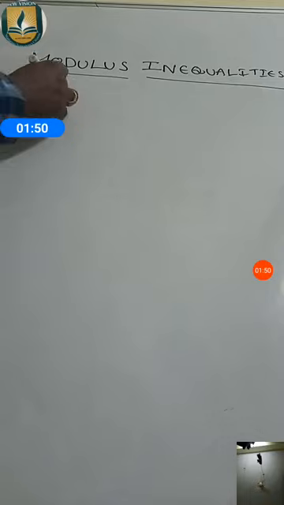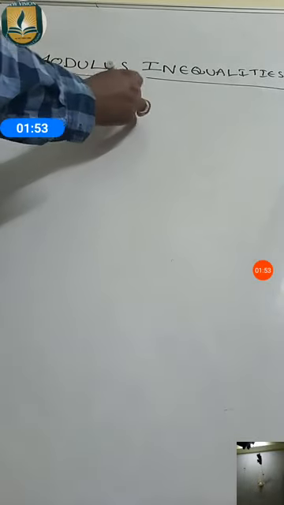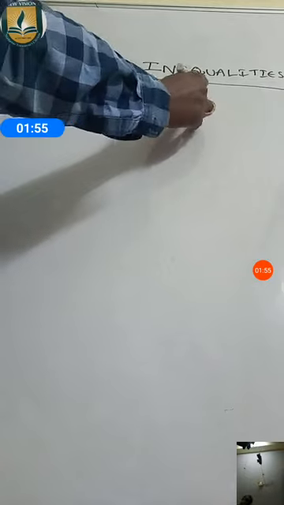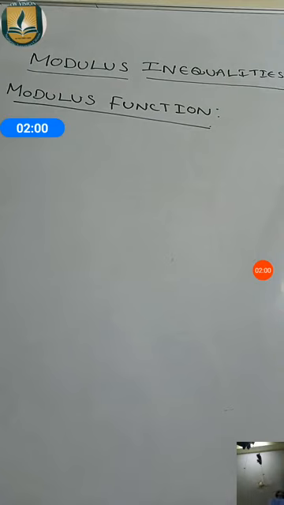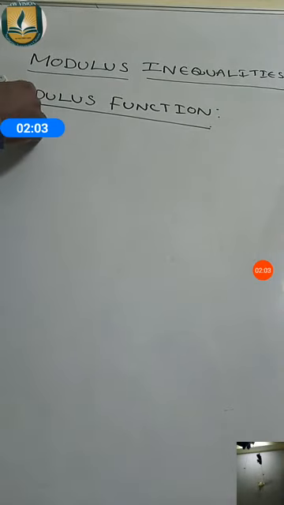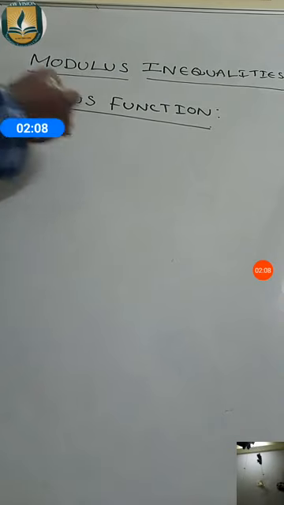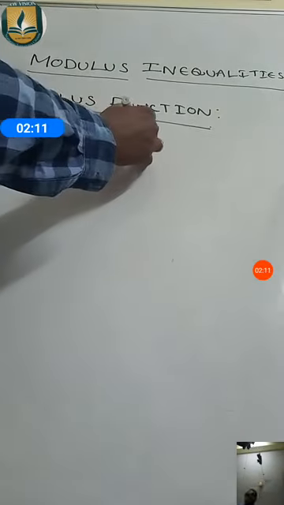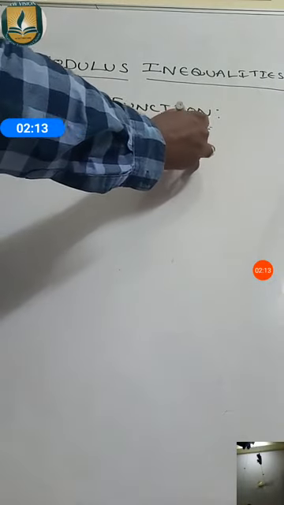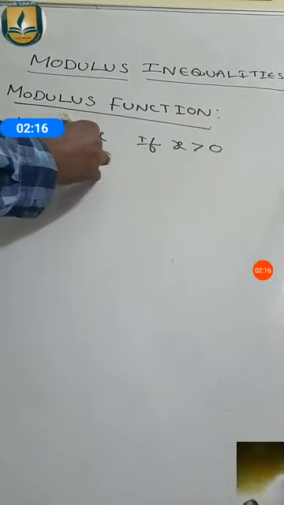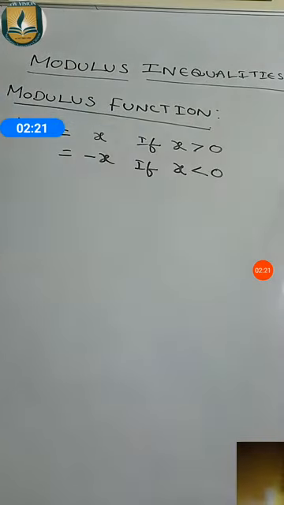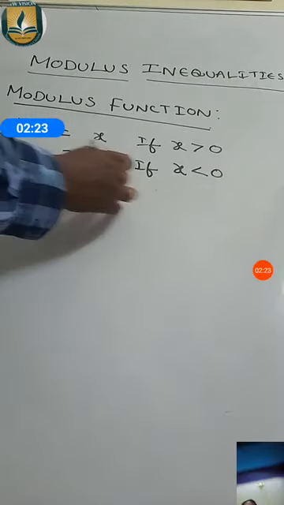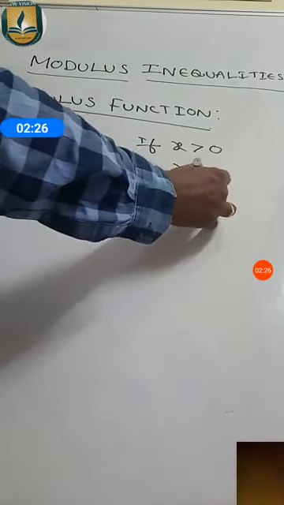A modulus function is a function which is defined as mod x is equal to x if x is positive, and minus x if x is less than 0, and 0 if x is equal to 0.